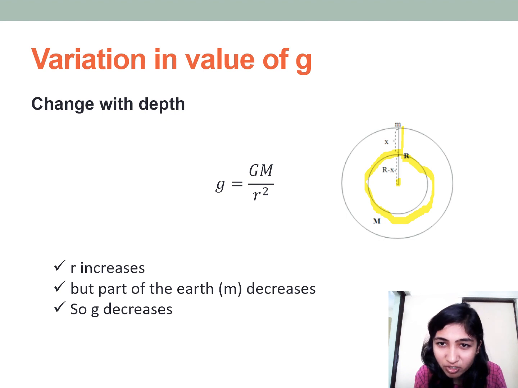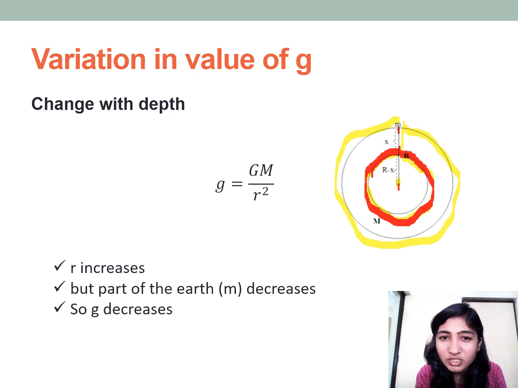If we are standing on the surface, the whole mass is considered, right? If we go inside the earth, the distance from the center is decreased, but the mass of the part of the earth we are considering is also decreasing. So as mass decreases, g also decreases.